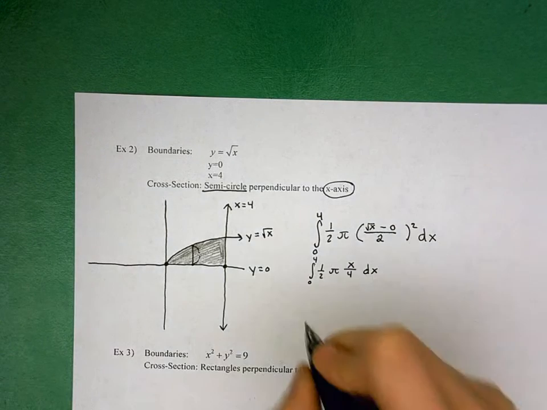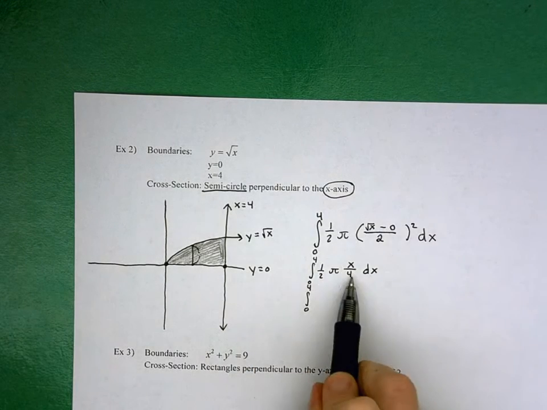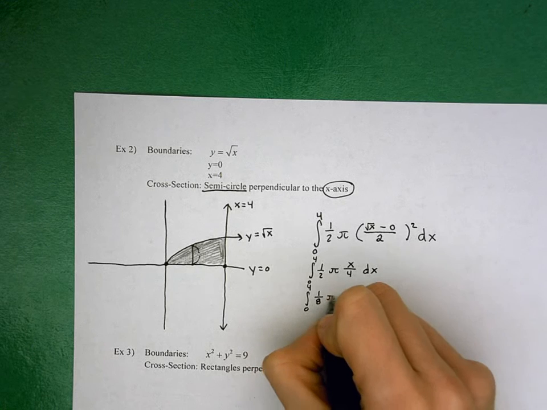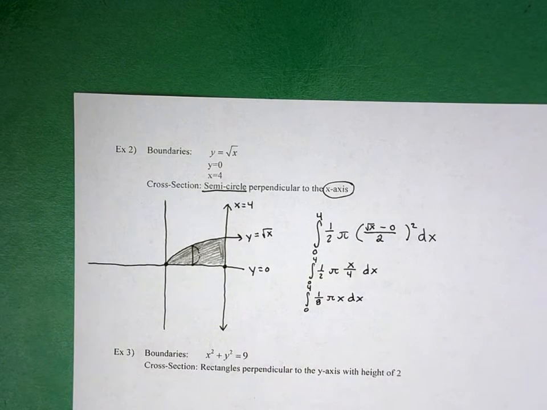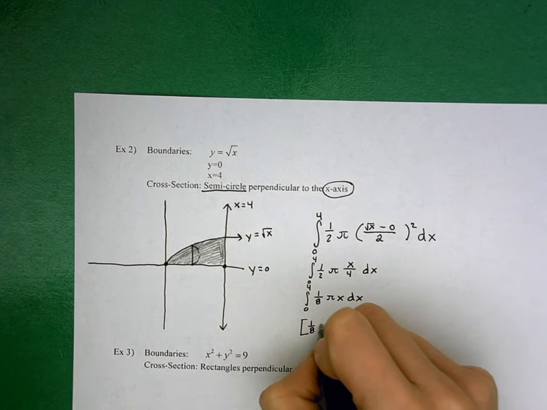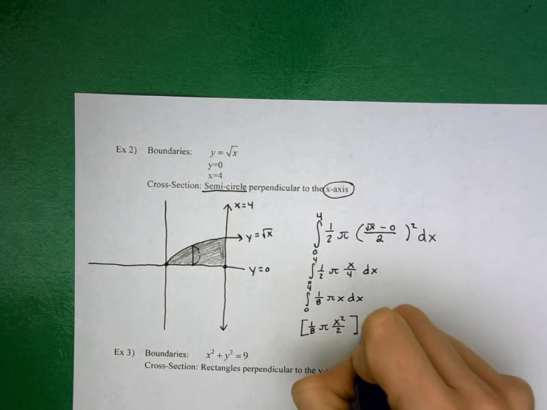Okay. And then I'm going to clean this up one step further, and I'm actually going to pull this 1/4 over to the 1/2 and make that 1/8. Because at that point, it's just power rule. We're going to add 1 to the exponent of x, so making it x squared, divide by that new exponent.